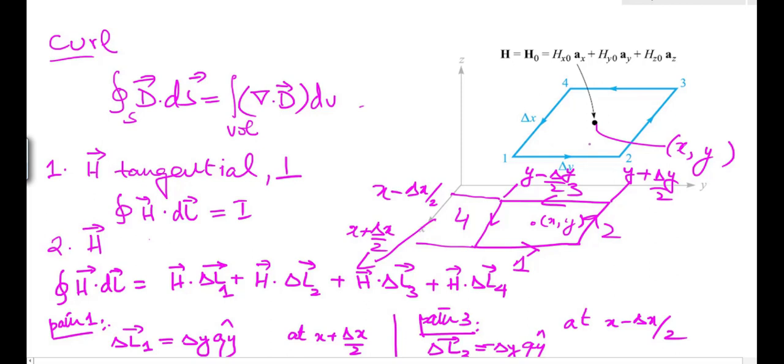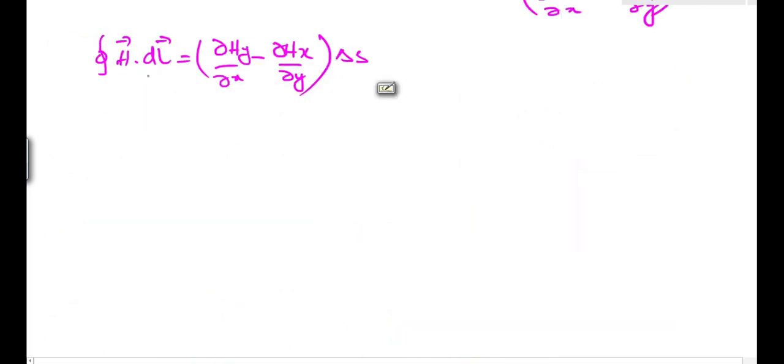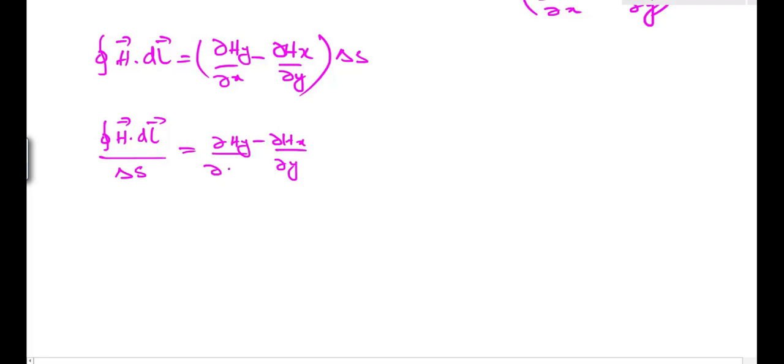Now what we have obtained is an important relationship giving you the current density. How? Let's see. So this expression we can rewrite as the integral of h dot dl over the area of the path, and this we can write as equal to partial hy over partial x minus partial hx over partial y.